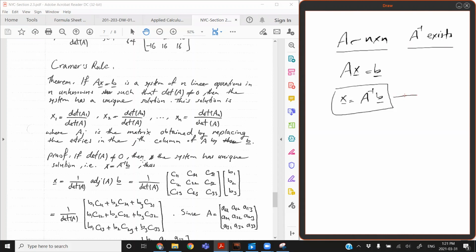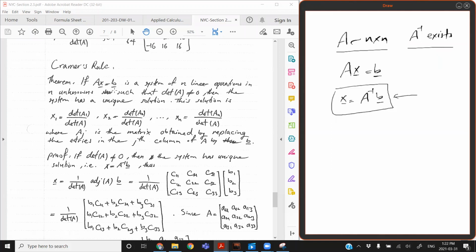Just like this here, where it only works if A is square and invertible. Otherwise, you cannot use this. Unlike Gaussian elimination or Gauss-Jordan, which works for any system. So this method, Cramer's rule, is rather a limited method. But anyway, let's learn what this is.